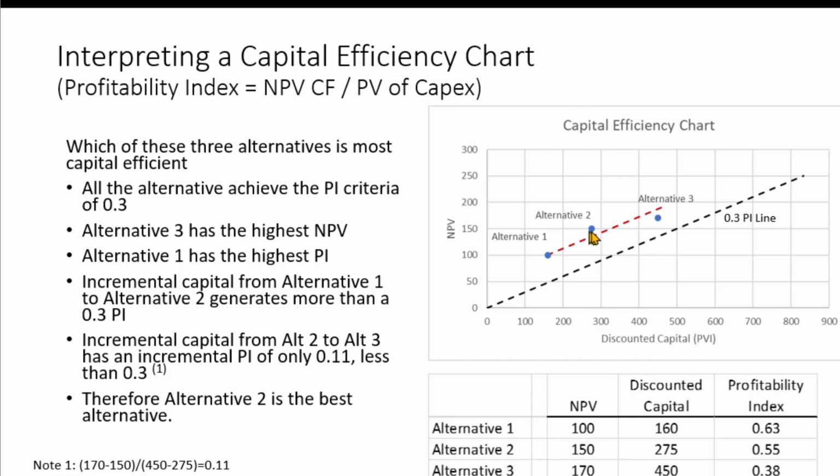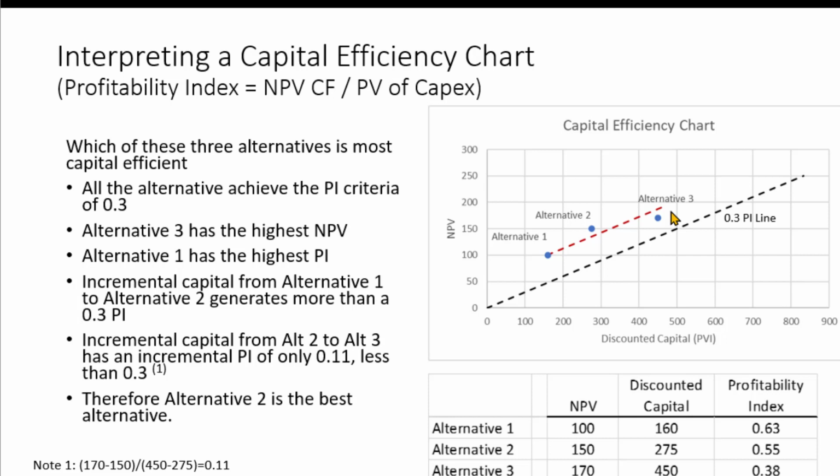If I take that 175 capital and invest it in a 0.3 DPI, then I would have an NPV up in here, which would be higher than what I would get with alternative 3. So that's the argument for using this line as the incremental and making a decision in a rational decision way of alternative 2 rather than alternative 3, even though alternative 3 has a higher NPV.